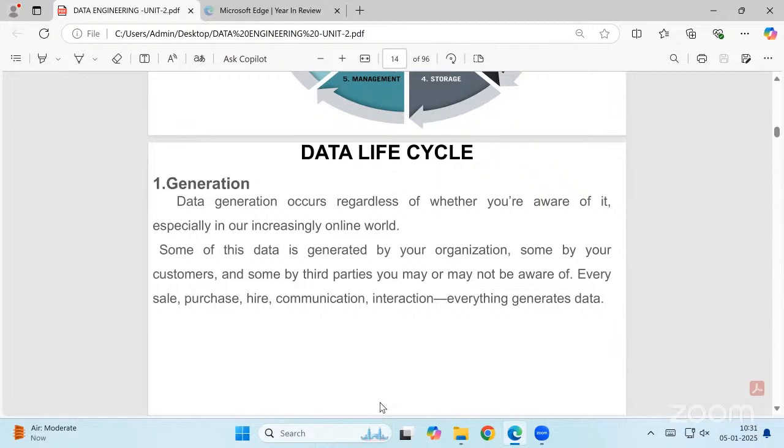For example, my call history is data. In a day, how many calls you made, for every call how much time you spoke, what time you started, what time you ended, what content you spoke, how many times you called in a day. All this is data generated by you knowingly or unknowingly.